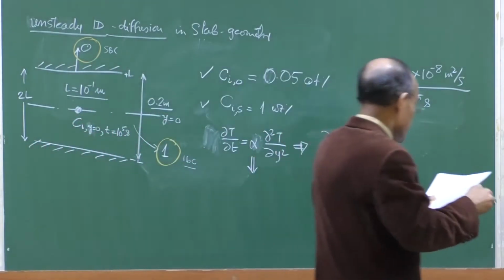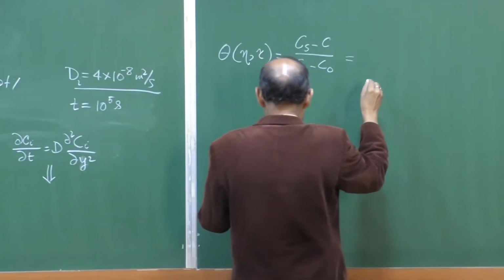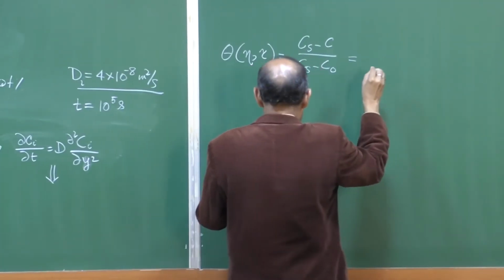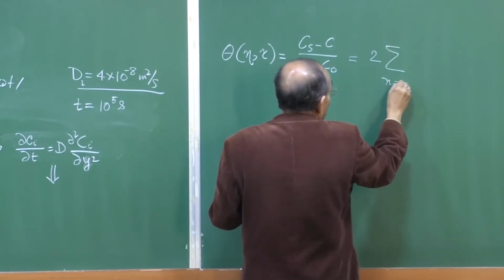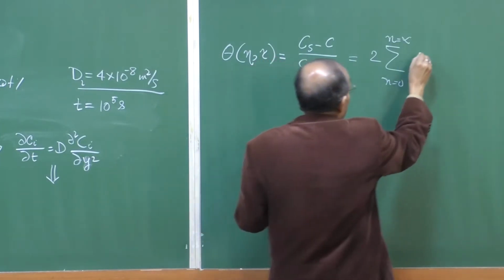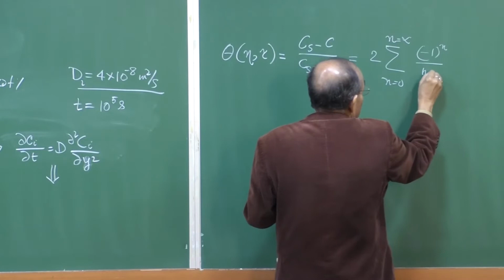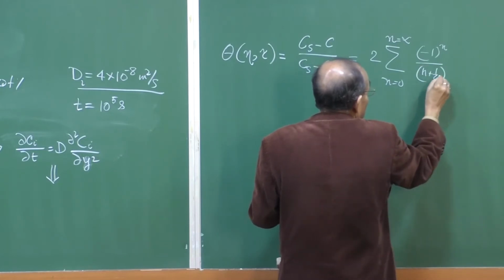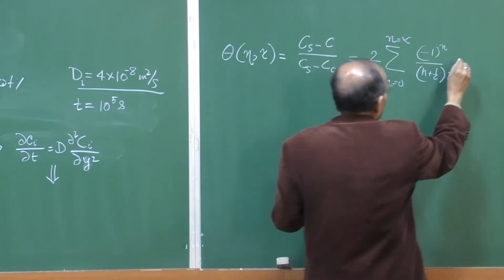So, in this particular case, as far as the infinite series solution is concerned, theta is equal to 2 times summation n is equal to 0 to infinity of minus 1 raised to the power n, divided by n plus half into pi, and then we have 2 different terms.